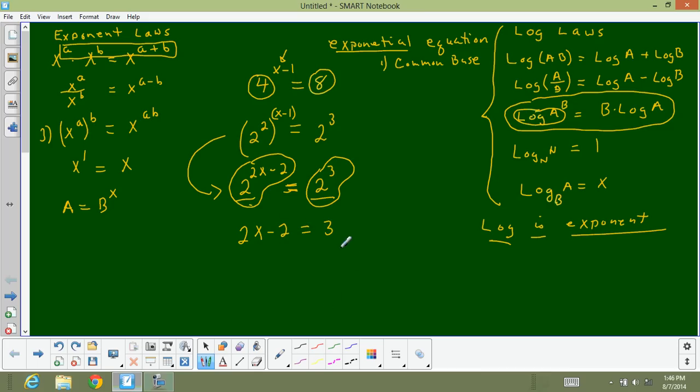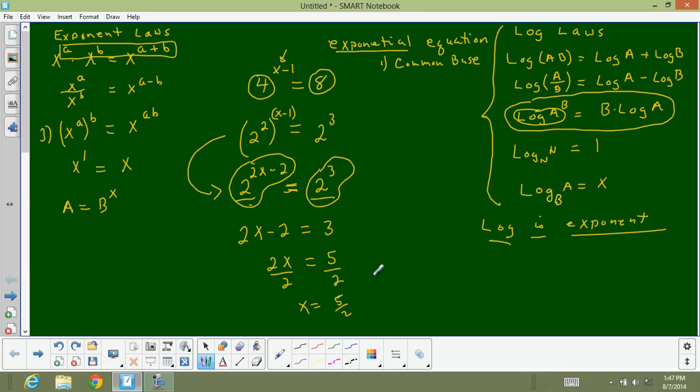And now you're in the land of elementary algebra. We use the additive inverse, and we get 2x equals 5, and we divide by 2, and we get x equals 5 halves.